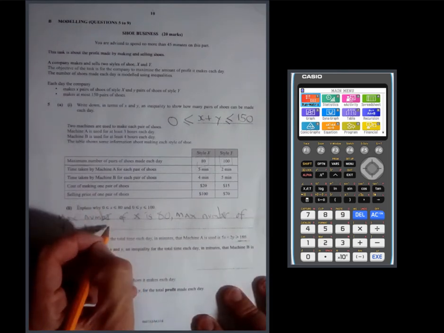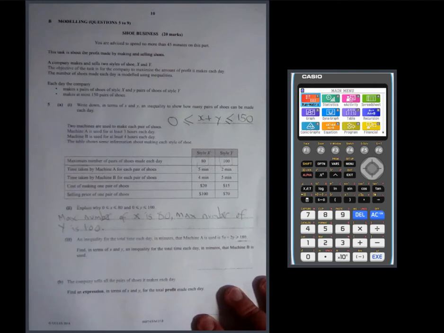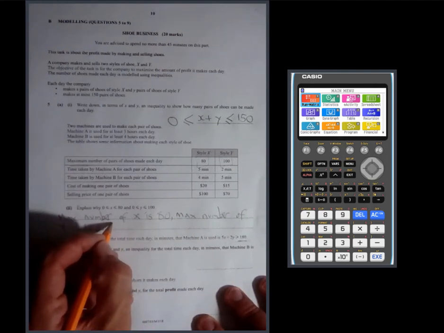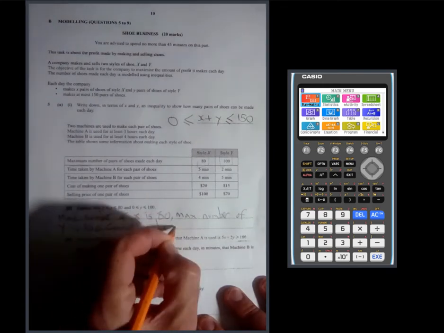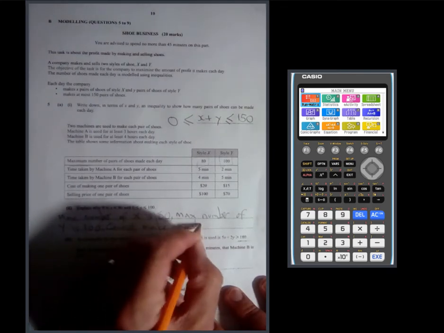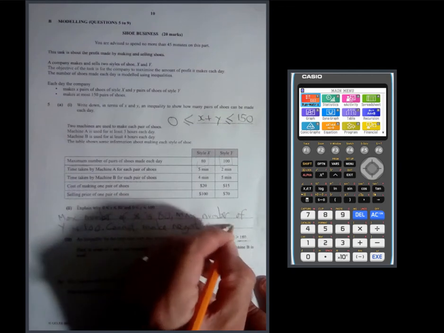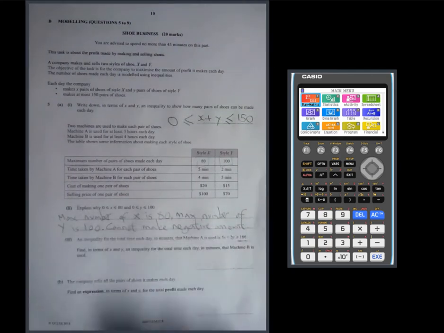We've just got the zeros. So minimum number of shoes is 0, or you can't make a negative amount of shoes. So as long as your reasoning is sound and you've basically covered all three of these points, you will get the mark.